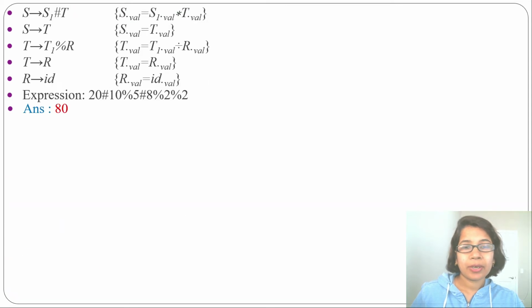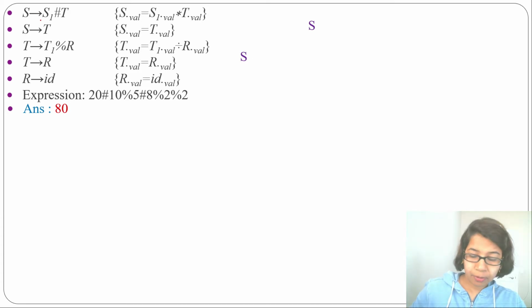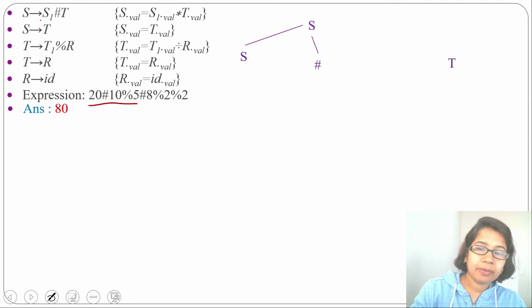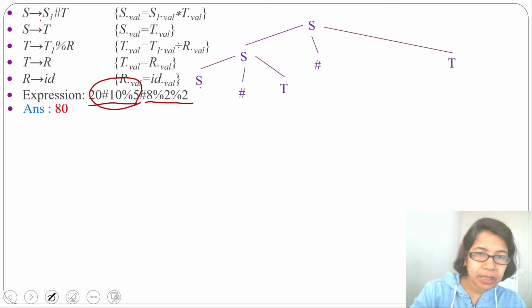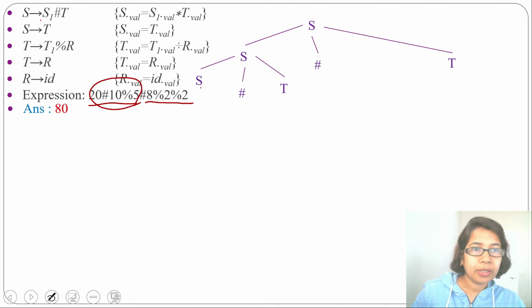Next I will solve according to the parse tree. From S we can derive S has T. Next from this left side S we can derive this part and from the right side T we can derive this part. So again from S we derive S has T. Next from this S we need to derive ID. So S will derive T, T will derive R, R will derive ID.